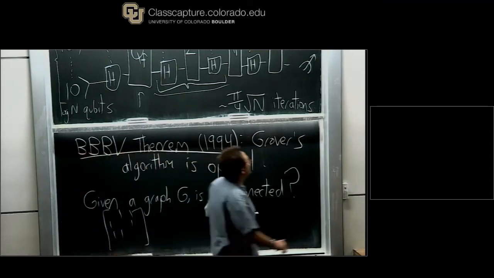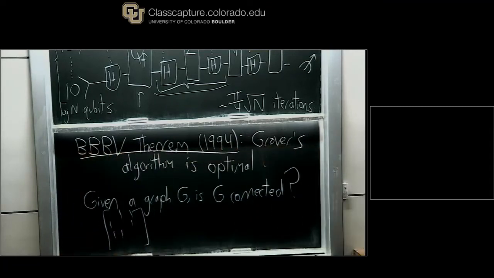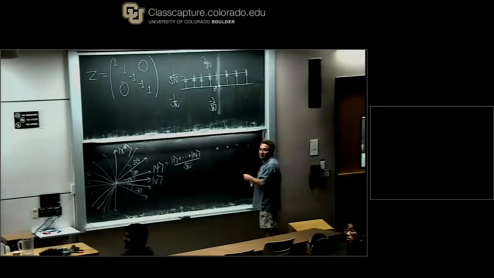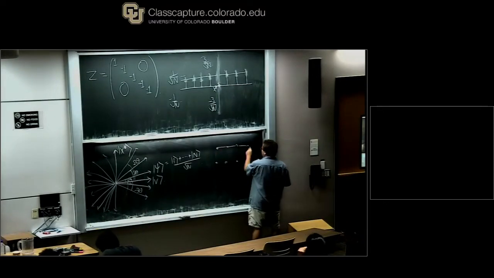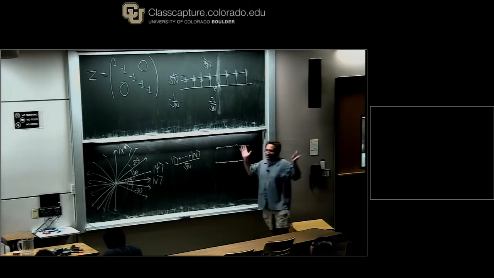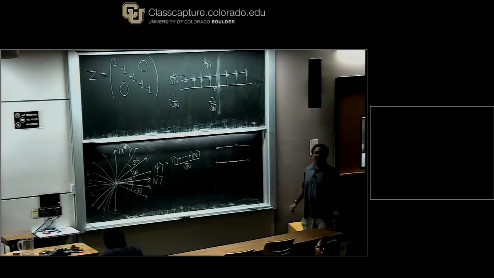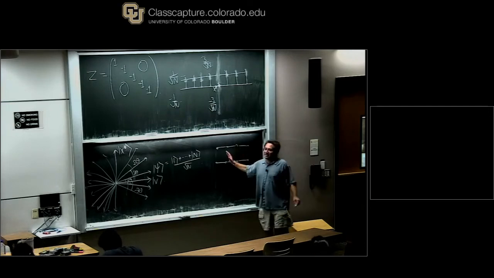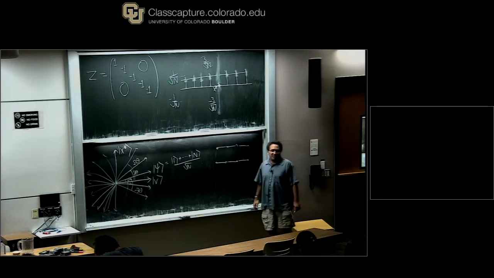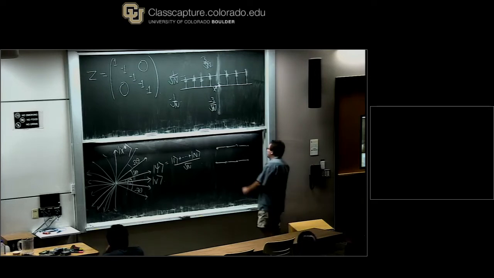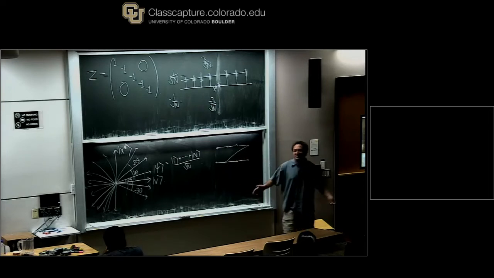Well, here, I'll show you why. Imagine that I have this half and this half. They're both connected. Now my whole graph is going to be connected if and only if there is some edge going from somewhere here to somewhere there.